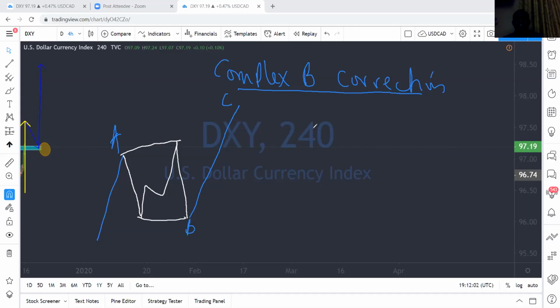What of a situation where you have this impulse? After the impulse, you now have another impulse, and after that impulse, you have this impulse again. Impulse, impulse, impulse. And then after that impulse, you now have a correction happening here.